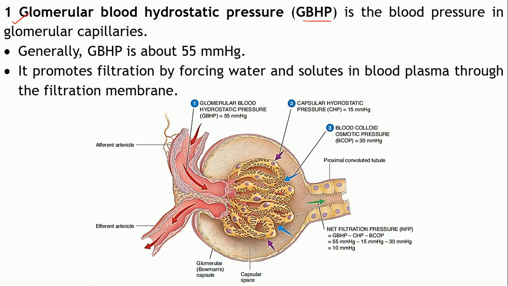Imagine when you are jumping into a swimming pool, what happens? You experience some force which is moving against you, right? That's the hydrostatic pressure of the water into which you are jumping. So similar type of pressure is exerted by this blood.